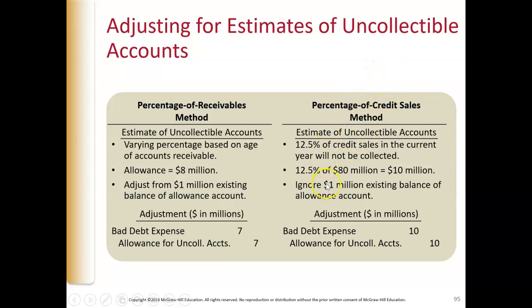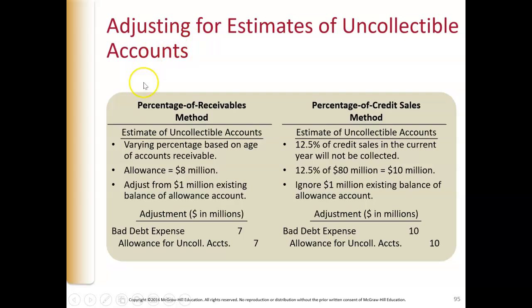When you use the credit sales method, you don't care about this existing balance sitting in the allowance account. The reason under the receivables method we care is because that receivables method gets tied directly against our accounts receivable. When we're using the credit sales method, we just go off of sales. We don't care about what's sitting in receivables.